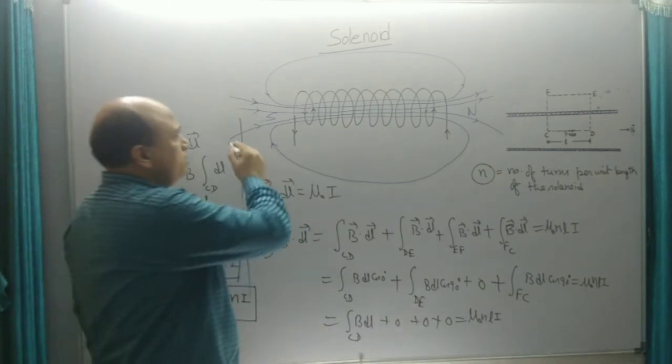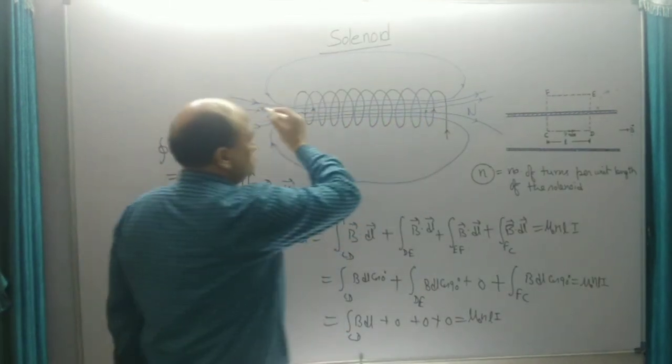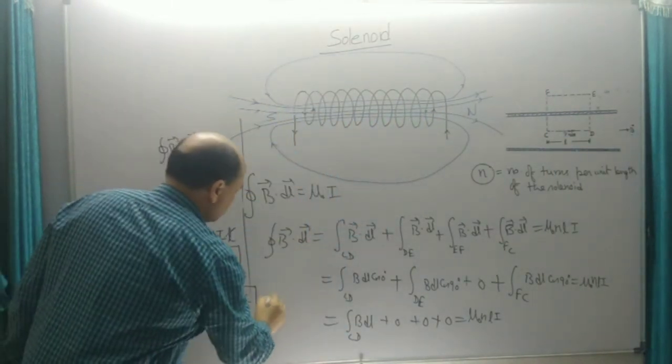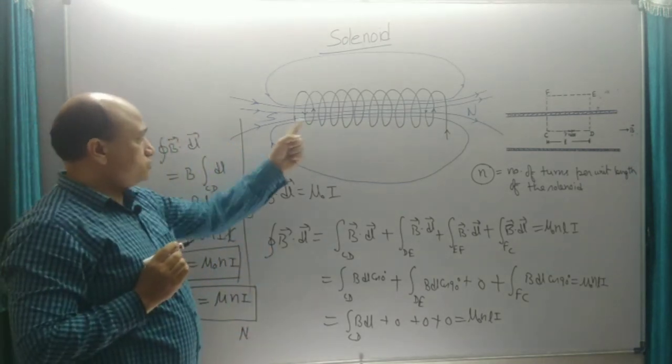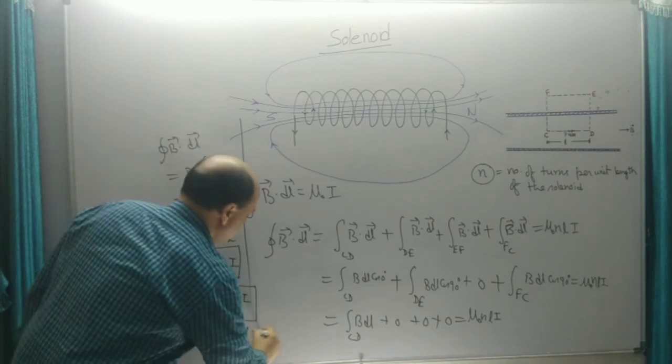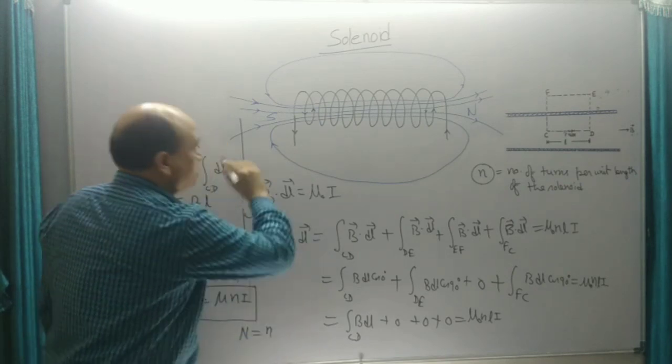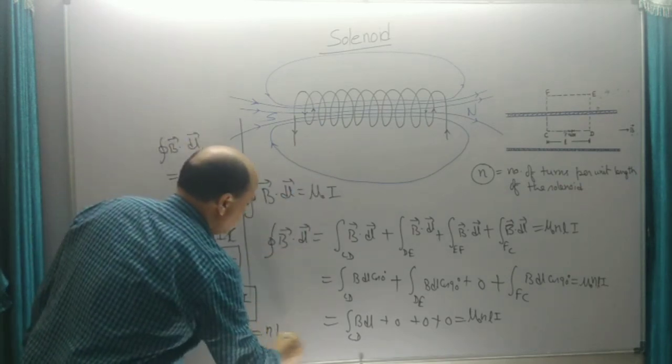Suppose the total number of turns in this solenoid be capital N. Then what will be n? N is equal to small n into the length of this solenoid. Suppose L is the length of solenoid.